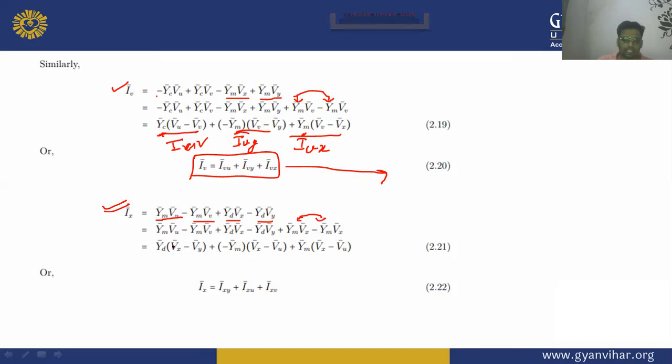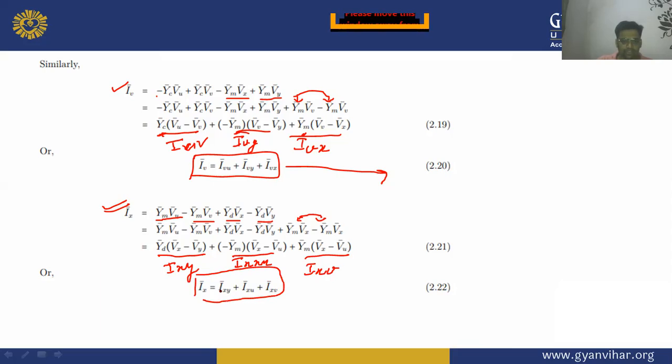Now when balancing the equations, I will be getting this current equation for Ixy, this current equation for Ixu, and this current equation for Ixv. This is the equation which we will be getting: Ix is equal to Ixy, Ixu and Ixv.